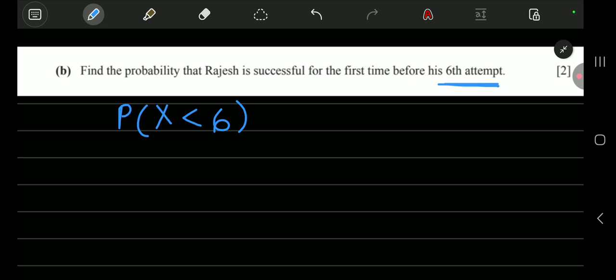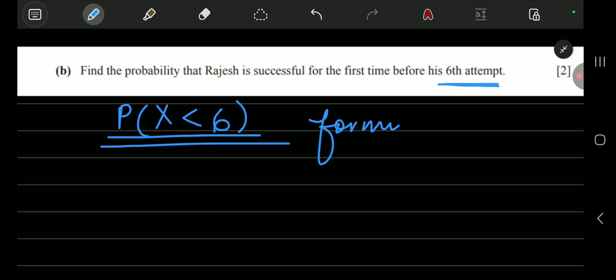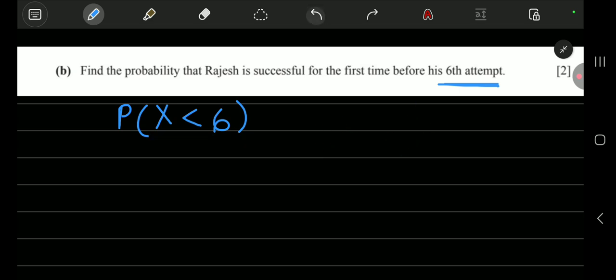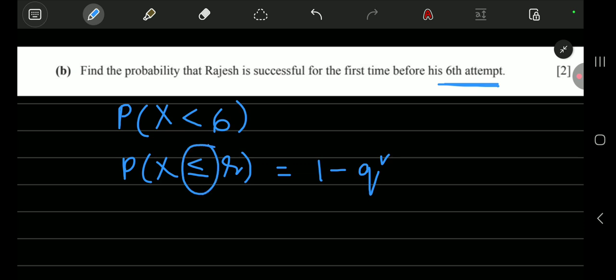We don't have any formula for this particularly. What do we have? We have the probability for x less than or equal to r, and that formula in the geometric distribution is 1 minus q to the power r. Okay, so this is our formula. For that, we need less than or equal to.